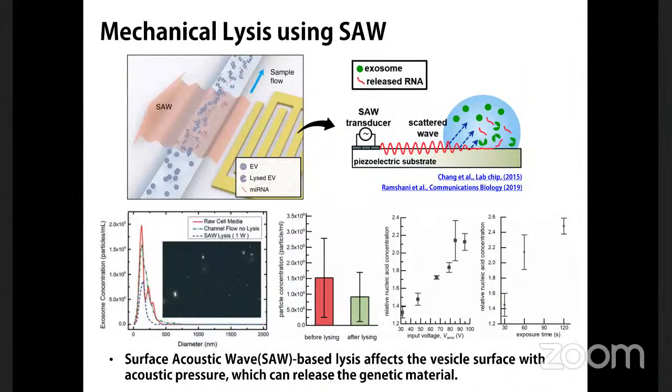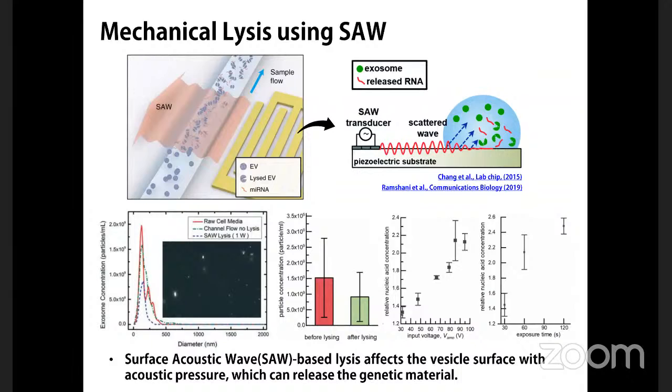Surface acoustic waves are Rayleigh waves generated on the surface of a piezoelectric crystal by alternating current applied through an interdigitated electrode transducer. When the surface acoustic wave interacts with a bulk liquid droplet, scattered sound waves produce an acoustic pressure in the liquid bulk. This acoustic pressure affects the phospholipid bilayer.